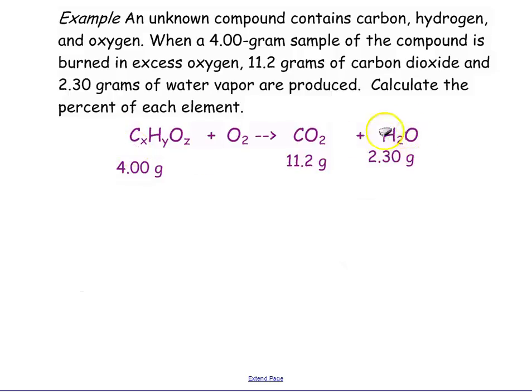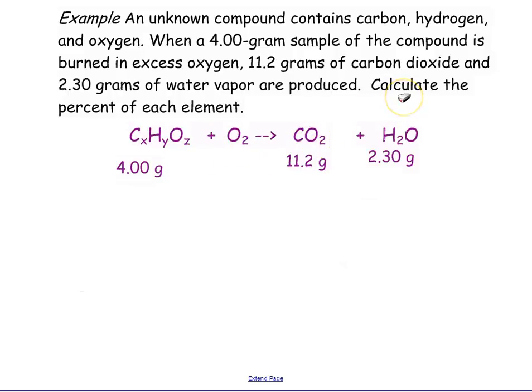I know the amount of hydrogen in water is the amount of hydrogen in my original compound. The amount of oxygen over in this product side, it's the amount of oxygen in the compound plus a completely unknown amount of oxygen from the atmosphere.